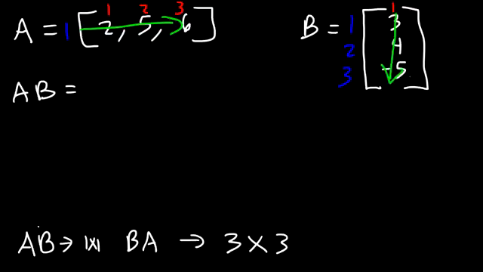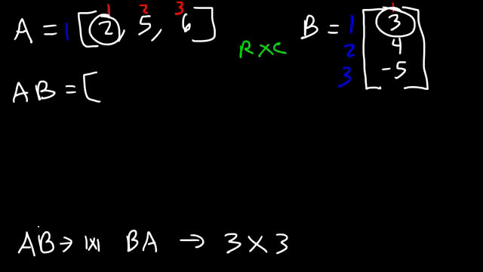So it's always going to be row times column, and then you add the products together. We're going to take this one, in the first row, first column, and multiply it by that element in the first row and the first column. So it's going to be 2 times 3.